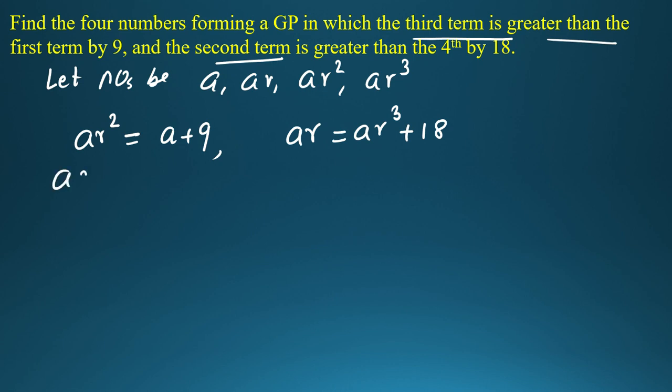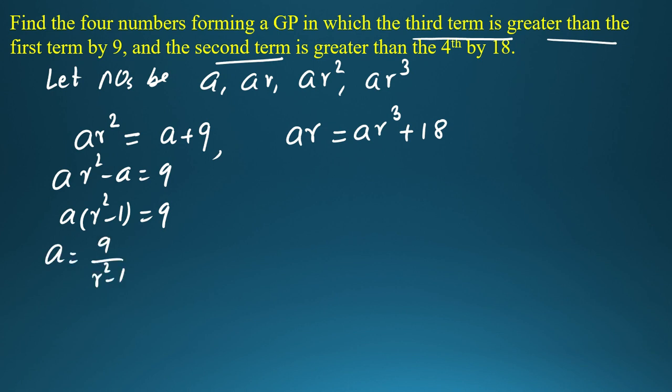So ar square minus a is equal to 9. So a will be taken common: a times r square minus 1 is equal to 9. a is equal to 9 upon r square minus 1. See, this is the method I thought of, so I am doing it by this. If you have another method, you can write in the comments. If that is easier, then I will make another video for that method also.